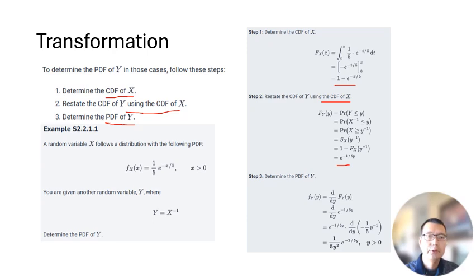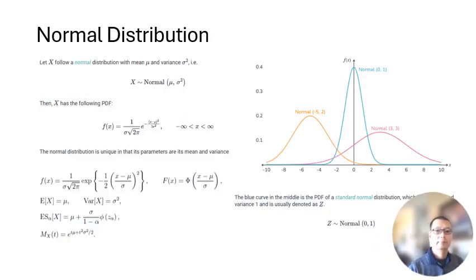So this is a generalized process for you. Whenever you encounter a question that requires transformation, where you are given the distribution of x and asked for the distribution of y with regard to x, you can always find the distribution of y.